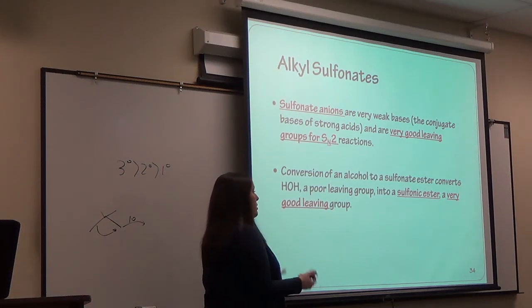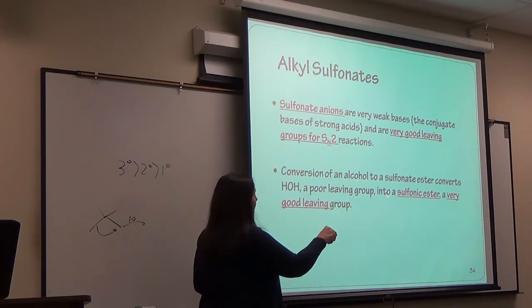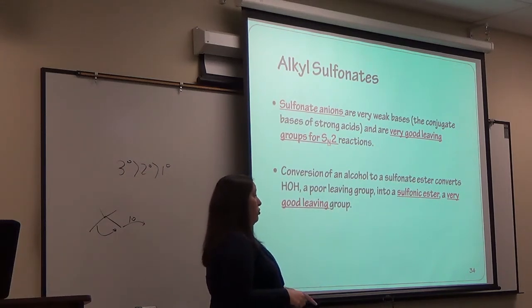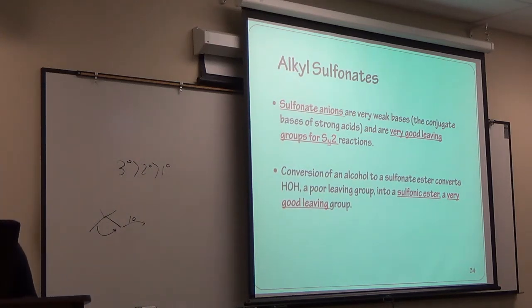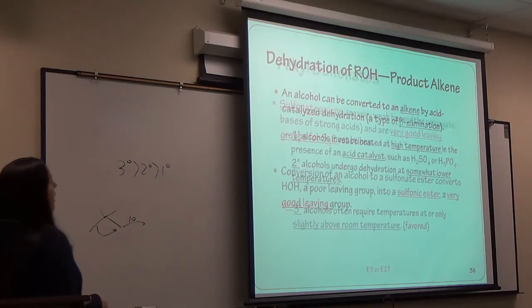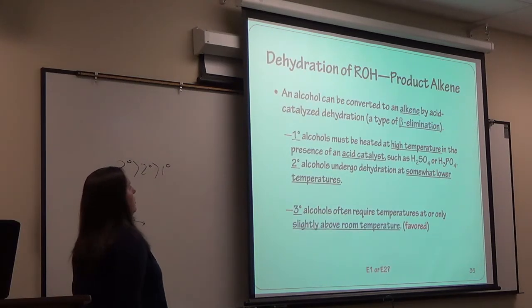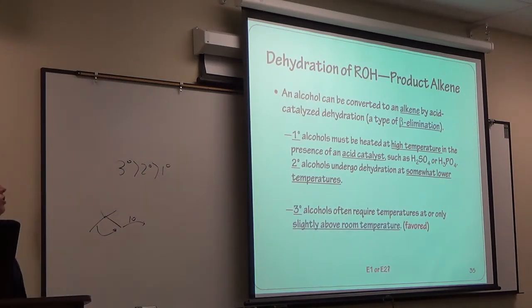I mean, it works, but it's not great. The sulfonic ester is going to be better. So if you're trying to make the reaction more efficient, with a faster rate, you would consider that, which is the previous slide. Okay? So those are the substitution reactions.